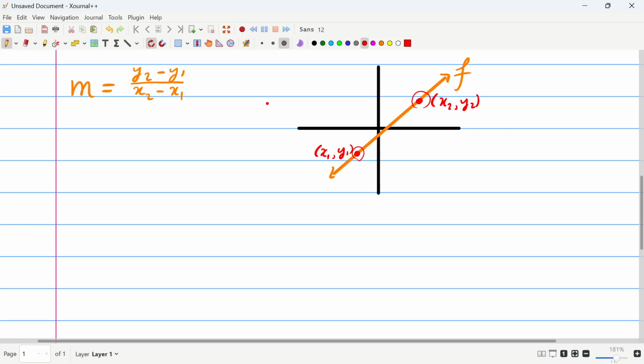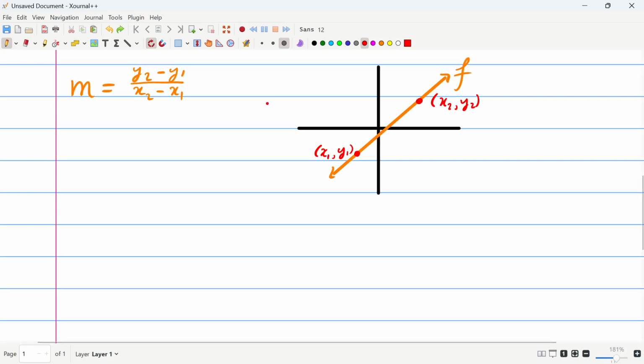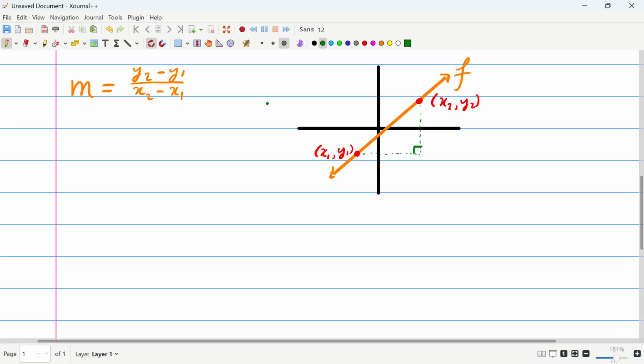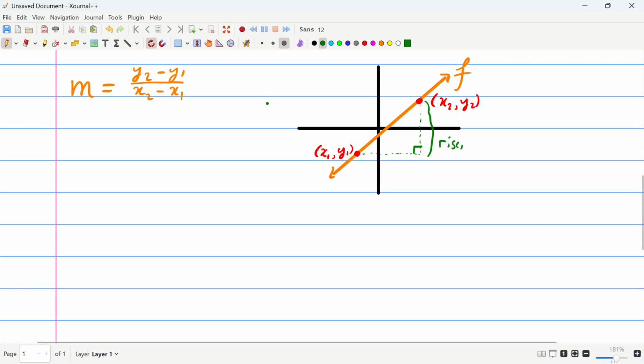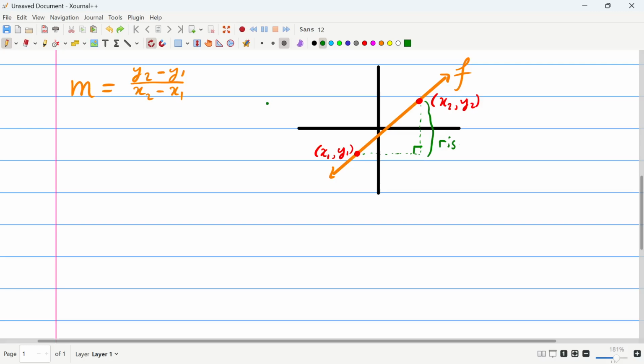But we need to determine what is the steepness of that slope. How do we get the steepness? Now treat it as if we just subtended a right angle triangle, and I will show you why we're doing this, right? So we need to subtend some right angle triangle, okay, such that what we notice is that this is something that we call the rise. Why? Because it's obviously rising, it goes up.